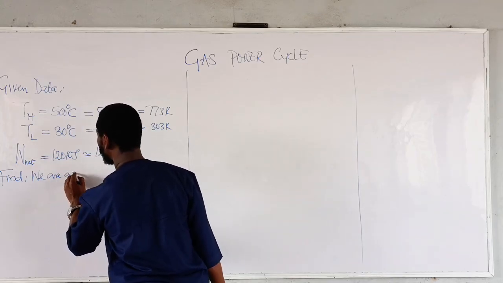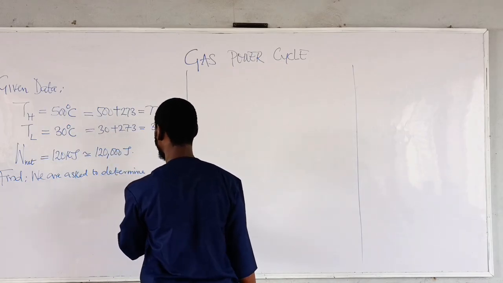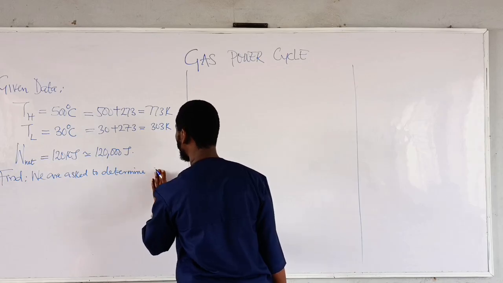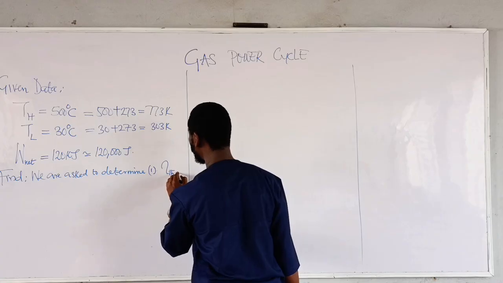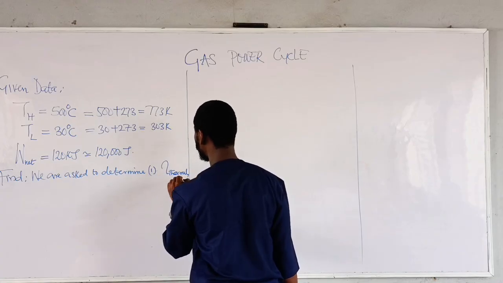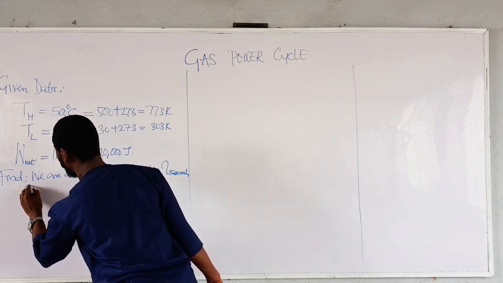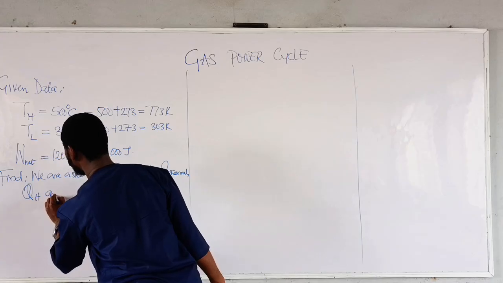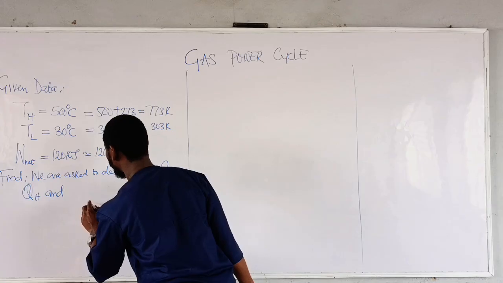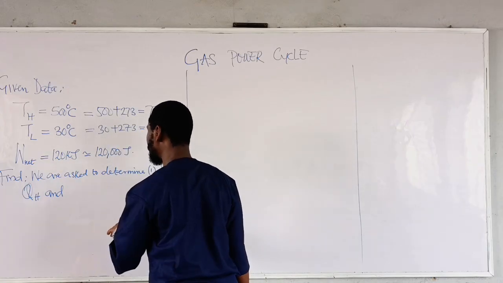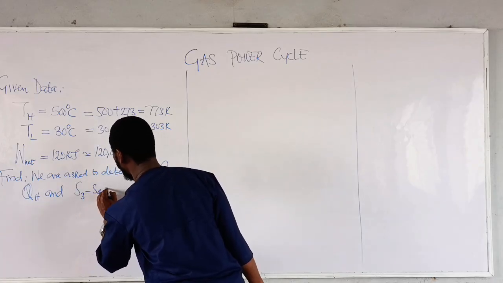We are asked to determine one, the thermal efficiency of the engine; two, the heat added, QH; and three, the entropy change during the rejection. That is S3 minus S4.